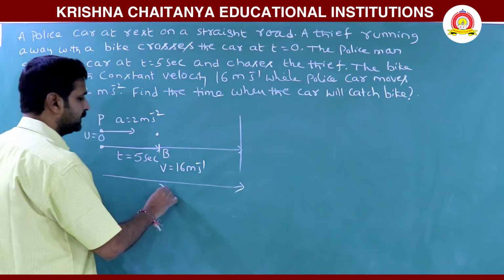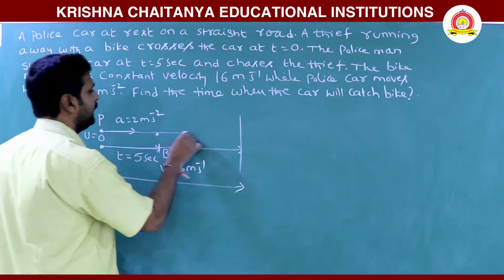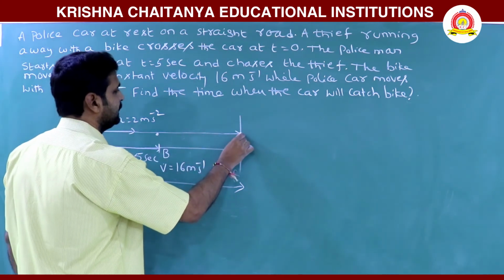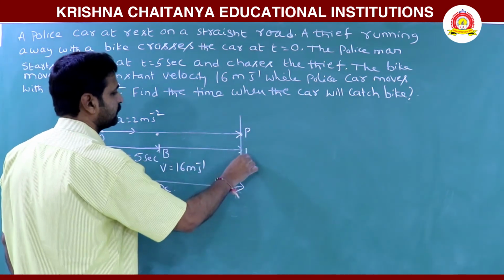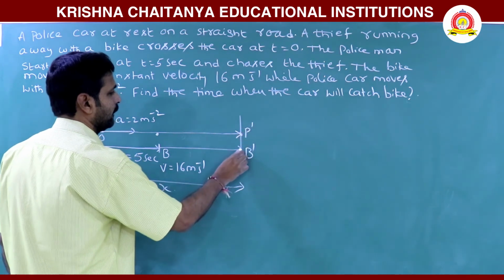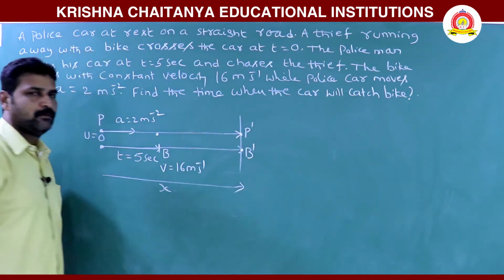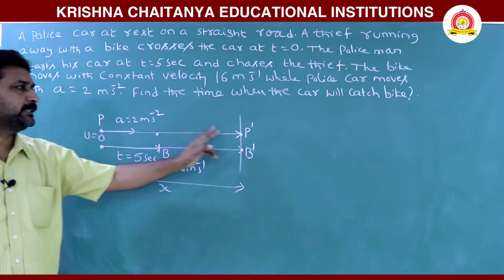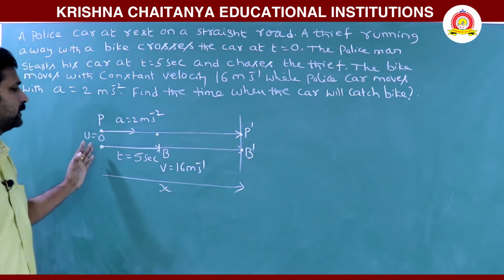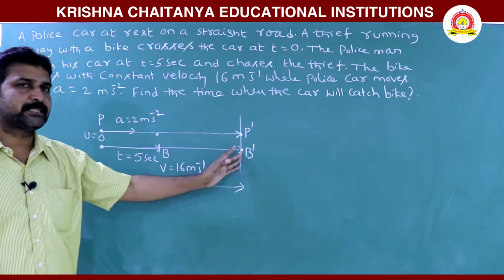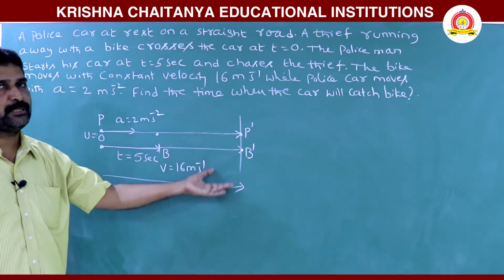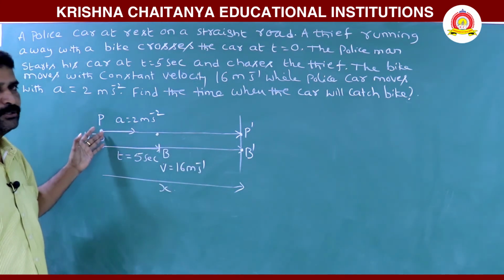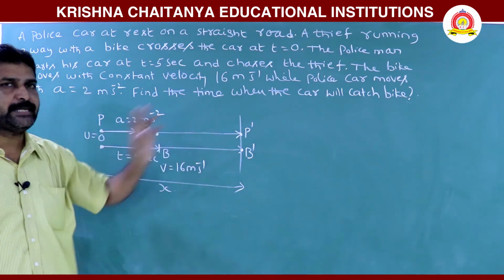Now the policeman catches the bike here. So during that time, the bike traveled the distance x. In order to catch the bike, the policeman should also travel the same distance x.